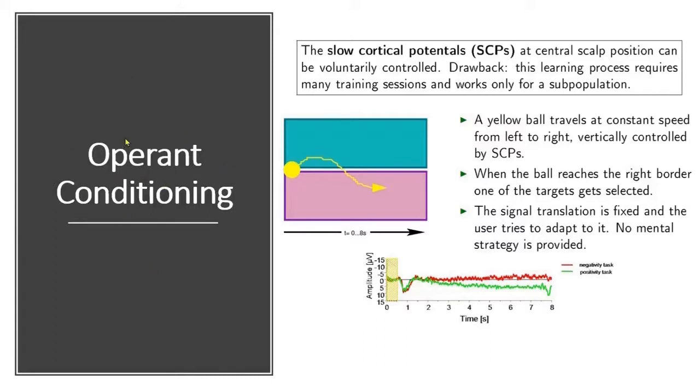The operant conditioning paradigm basically involves training the human to generate some specific patterns of the brain signal over some time. Those patterns are usually called slow cortical potentials. They are slow waves coming from the brain or cortex. Potentials means the signals, and can be recorded at central scalp position.